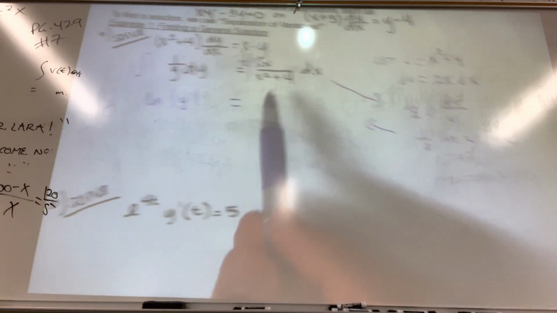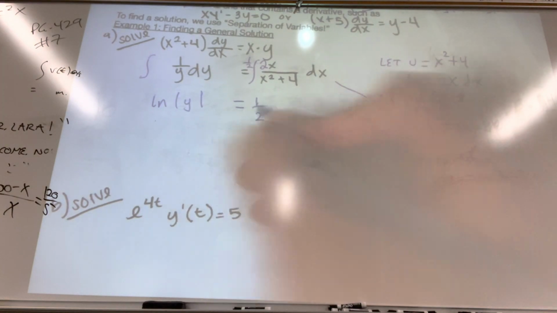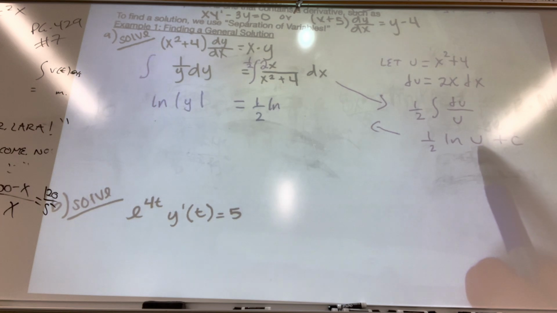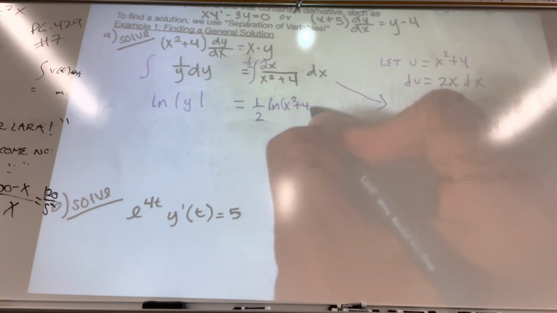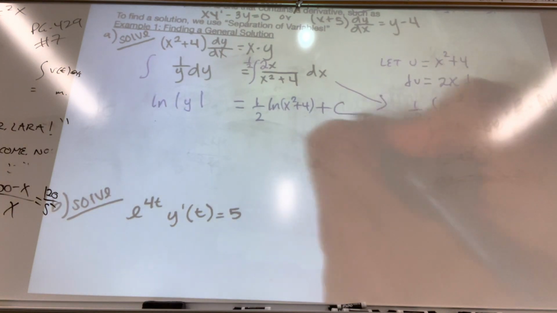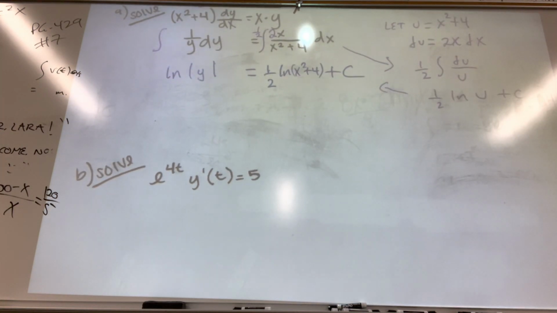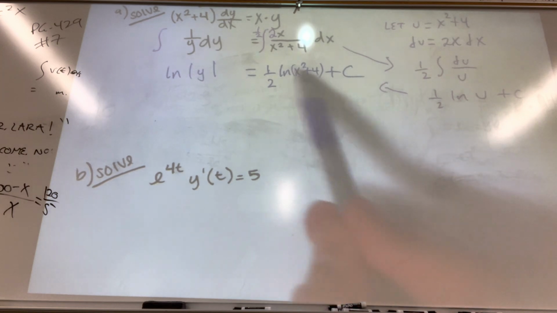So the antiderivative of this ends up being 1/2 ln. What does u equal? x squared plus 4. And then plus c. We good? Okay. So I just took a little detour there, used substitution, but I'm back.